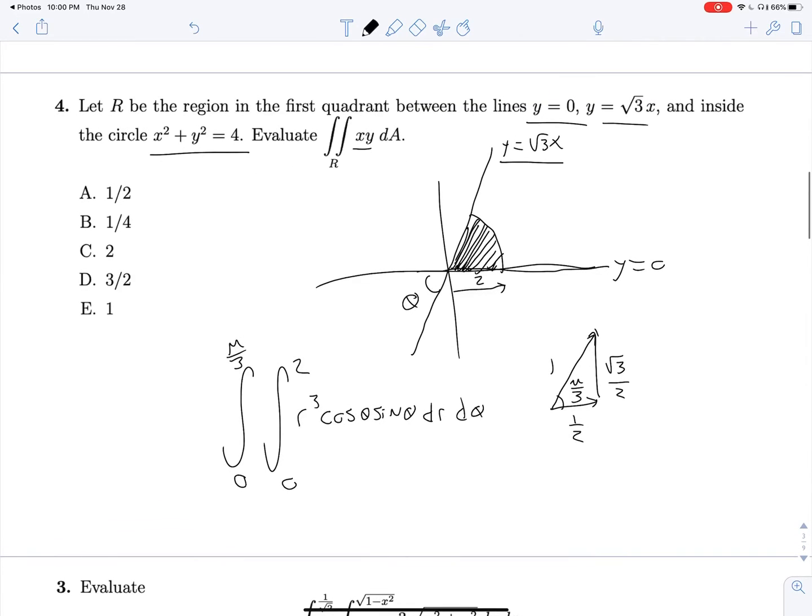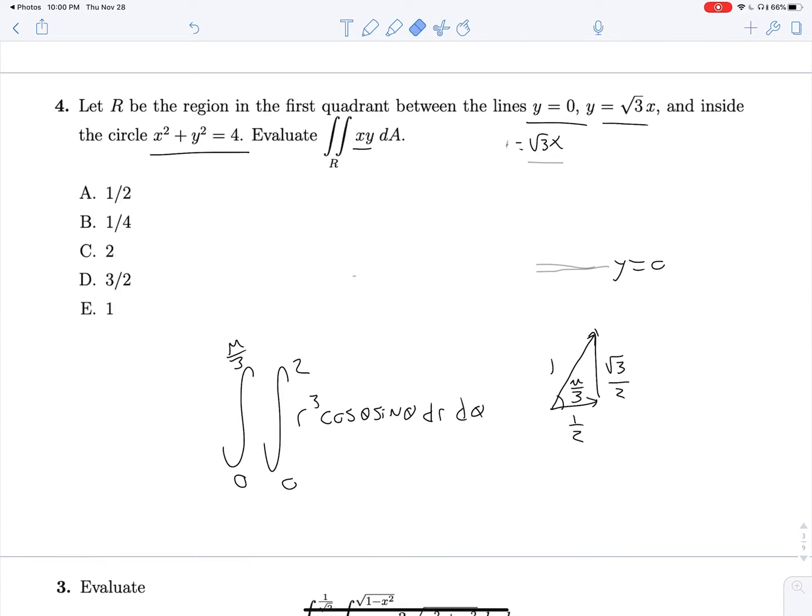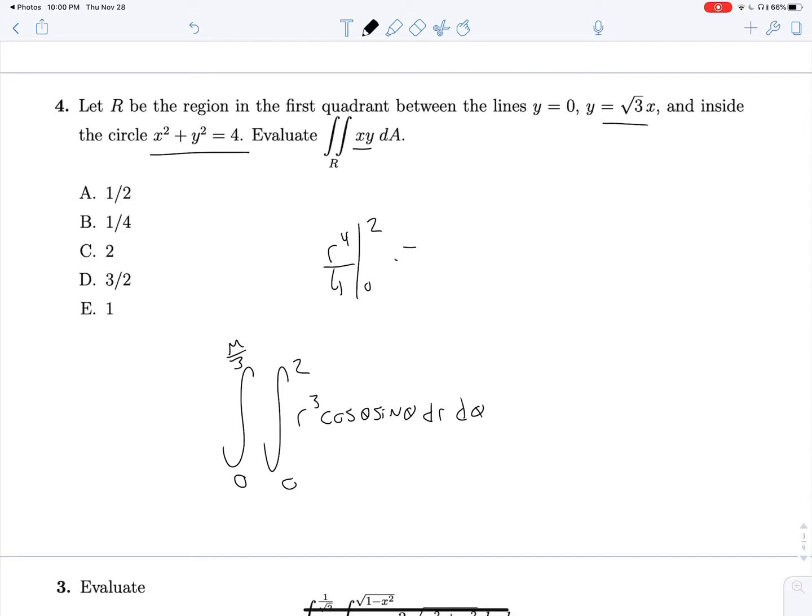So yet again, we're going to deal with our r first. So r to the 4th over 4 on 0 to 2, that's just going to give us 4. So now we're left with the integral from 0 to pi over 3 of 4 cosine theta sine theta d theta.